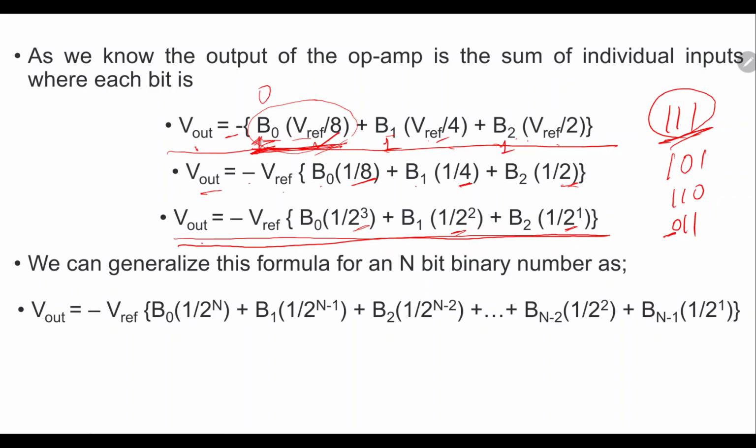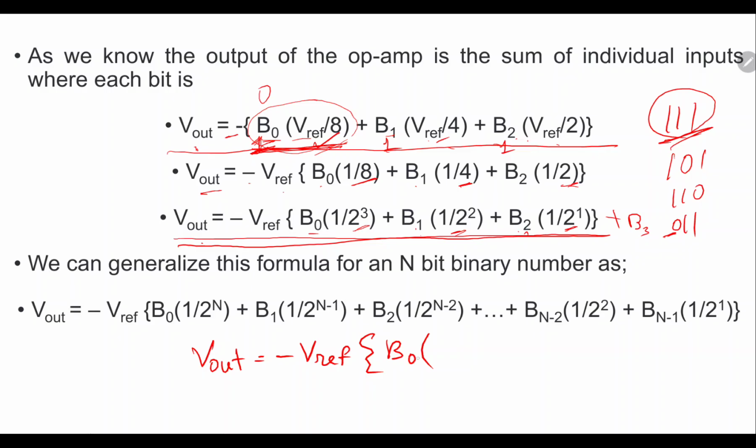Now if we are having 4 digits, what will be the equation? For 4 digits, definitely the equation is going to be minus V reference times B0. Now 4 terms will be there. Here, for 3 digits, we had B2, B1, B0. Now we start with B0 and it will go up to B0, B1, B2, plus B3 term will come.